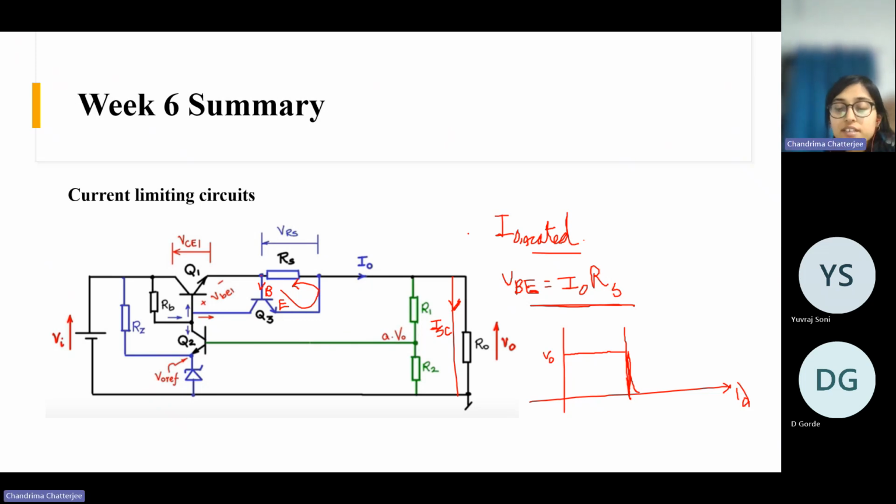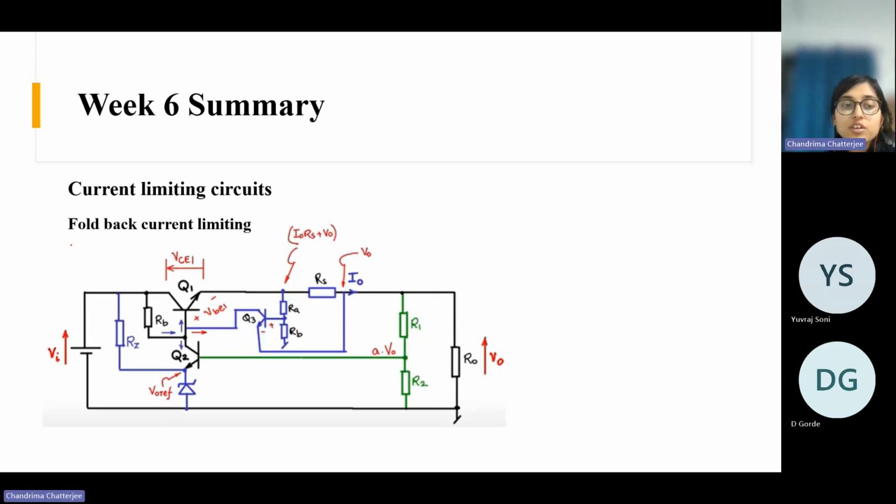We have another current limiting circuit that we call the fold back current limiting circuit. If you see now, the circuit is a little different from the previous one. Here there is a BJT and there is a voltage divider circuit. The voltage at this point is I naught RS plus V naught, with respect to ground.